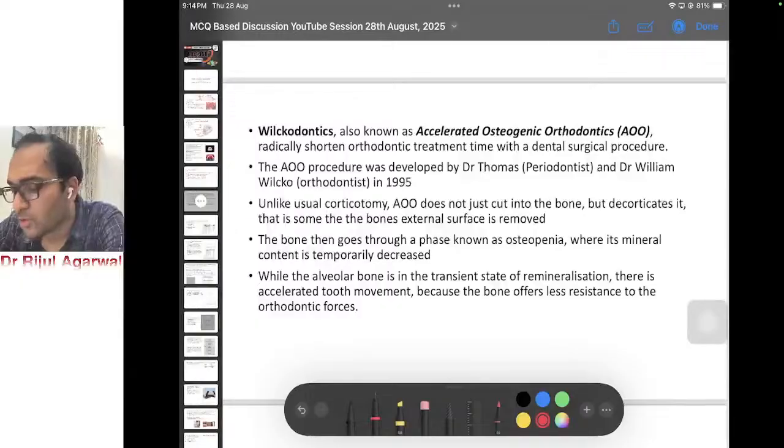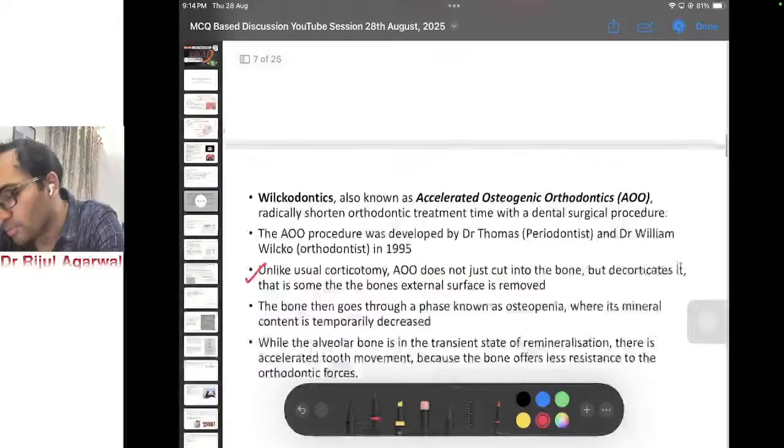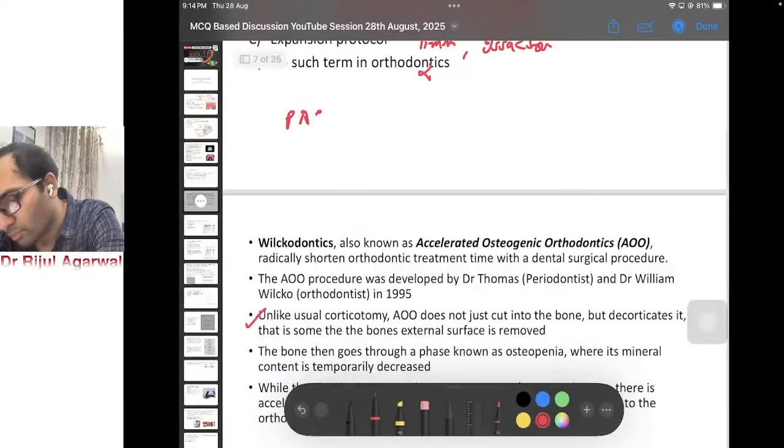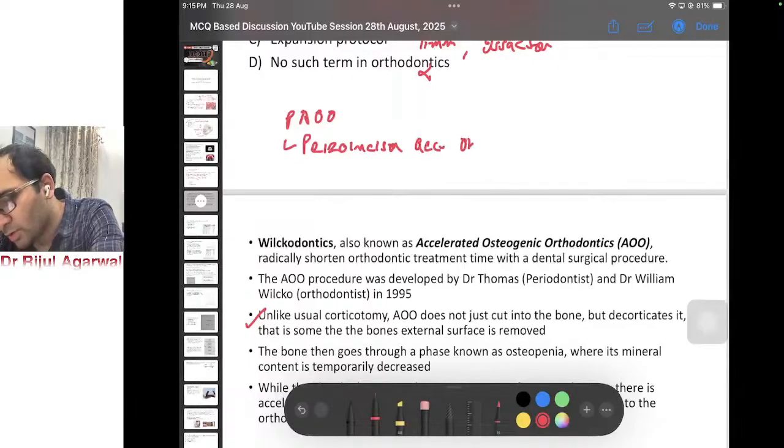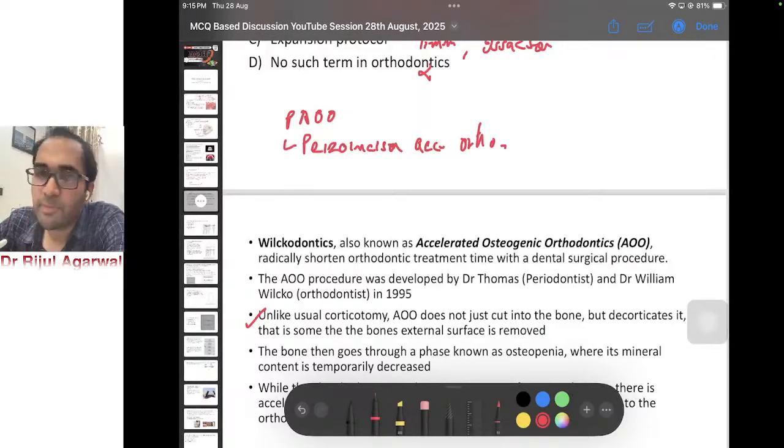Unlike usual corticotomy, okay, so PAOO, piezo incision, accelerated orthodontics is a way of doing this. So it's part of accelerated orthodontics. There are various other ways: corticotomy, piezo incision, ultrasound, laser, of doing accelerated orthodontics.